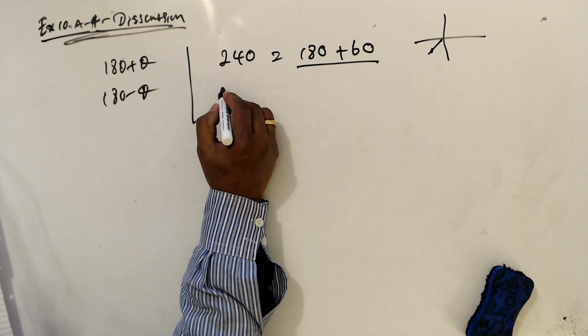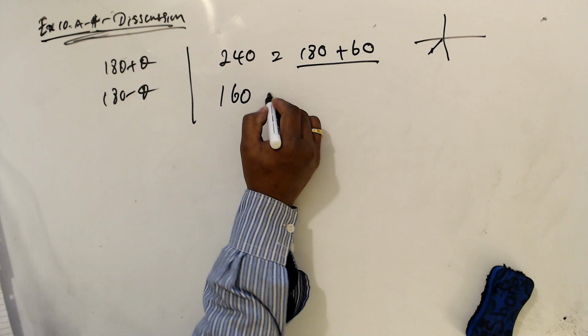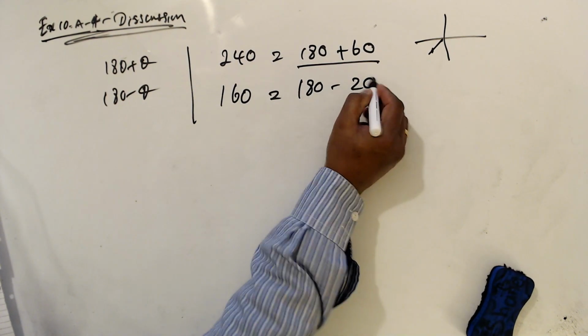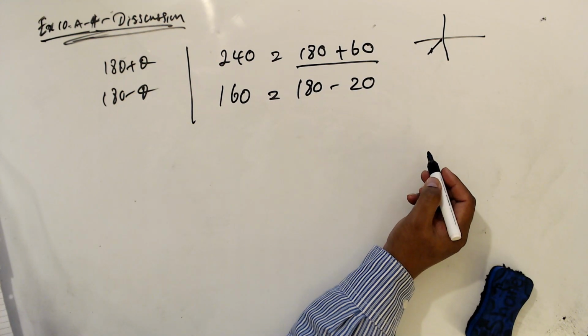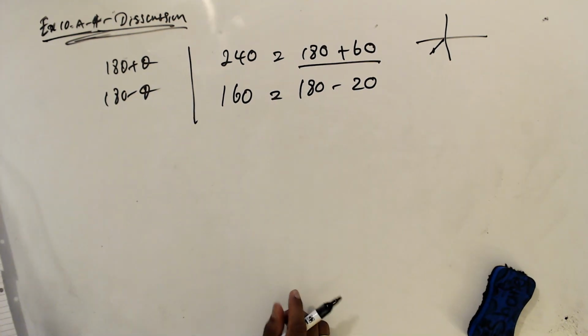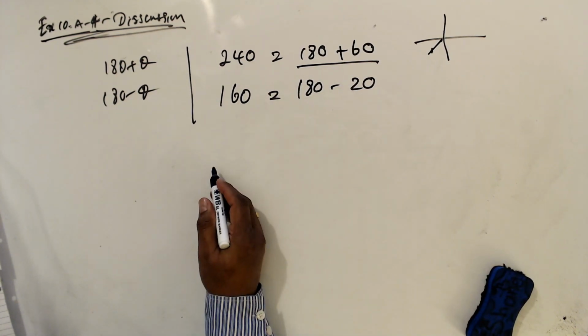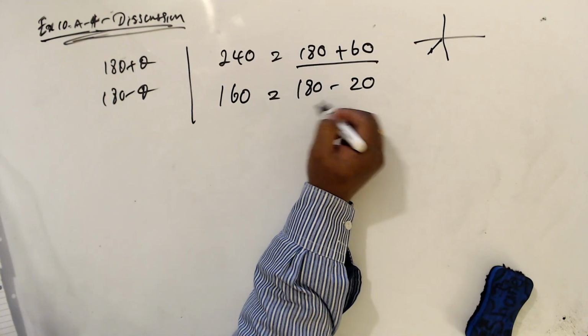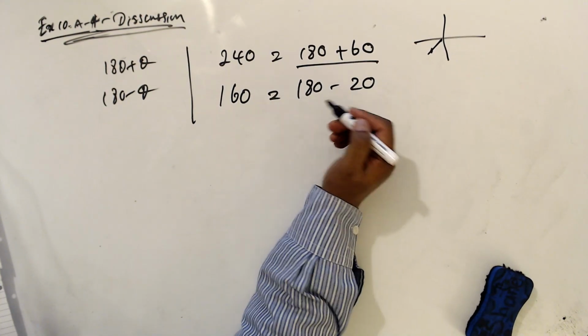Other one, 160: I can use 180 minus 20. Why am I doing this? I am writing 240 with the help of 180. So we will see why.